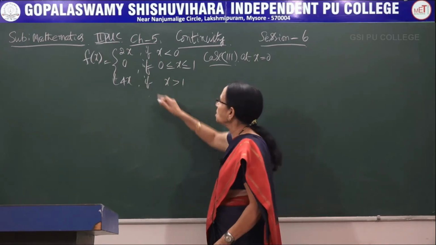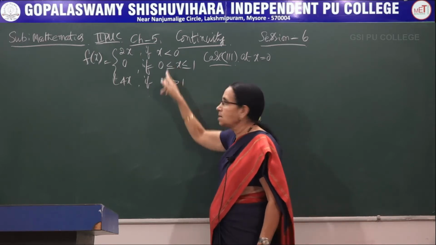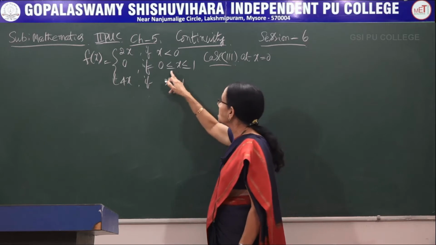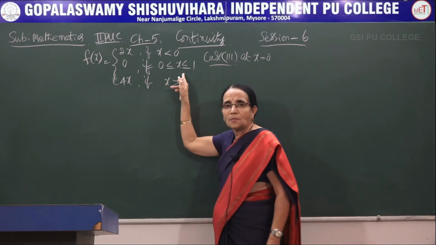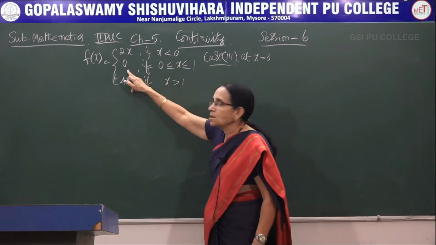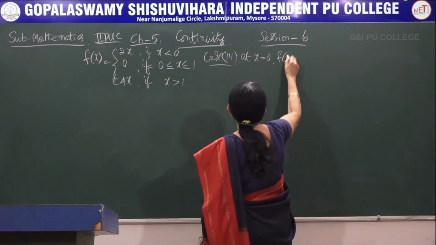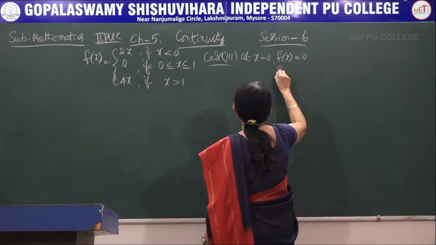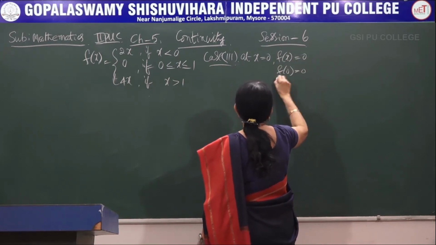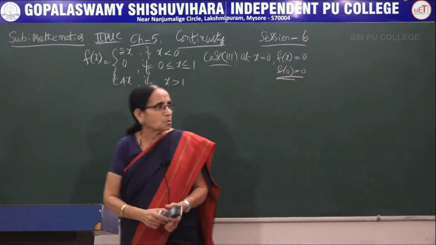When x is equal to 0, see here it is strict inequality. Only in the middle part here we are having the equality. So x is equal to 0 means the function should be taken as 0. At x is equal to 0, f of x is equal to 0, that is f of 0 is equal to 0.